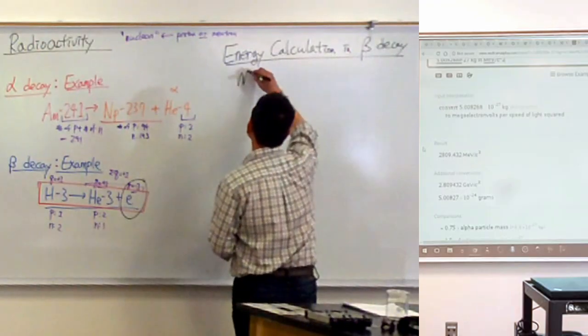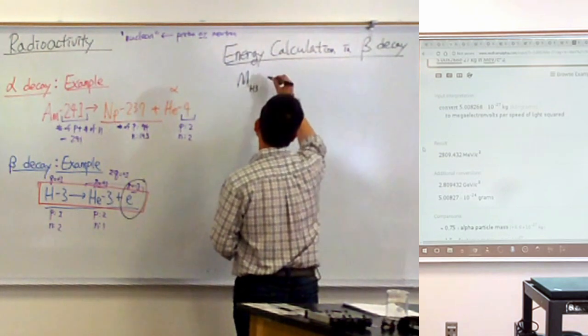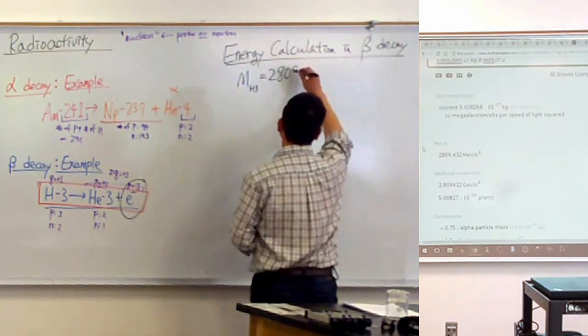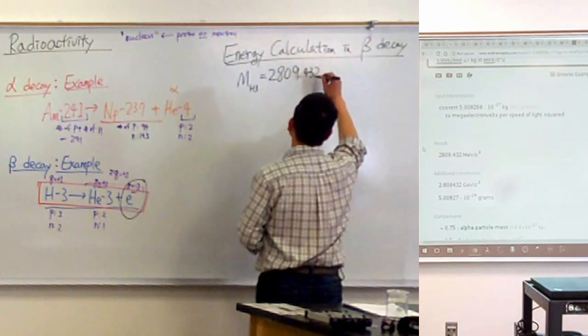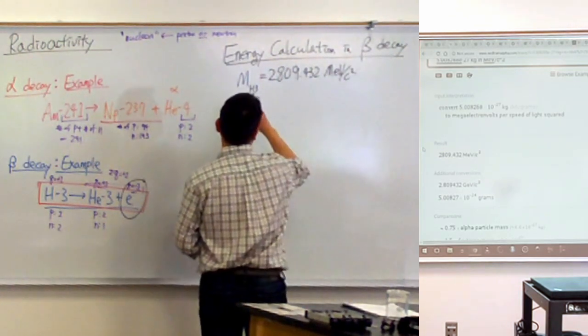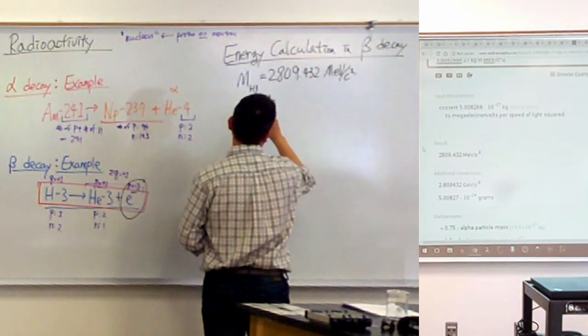So the mass of H3 is 2809.432 MeV per c squared. And I need to know the mass of helium-3.